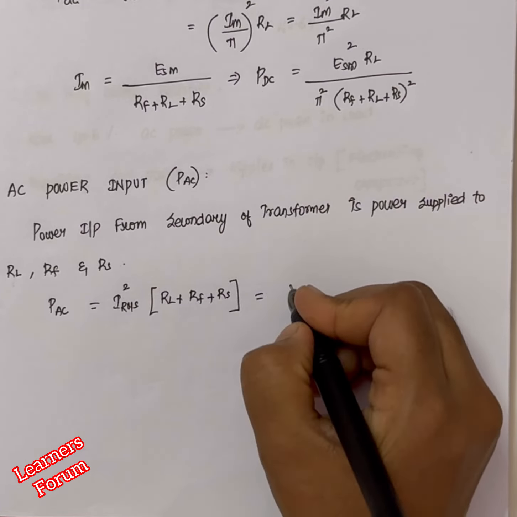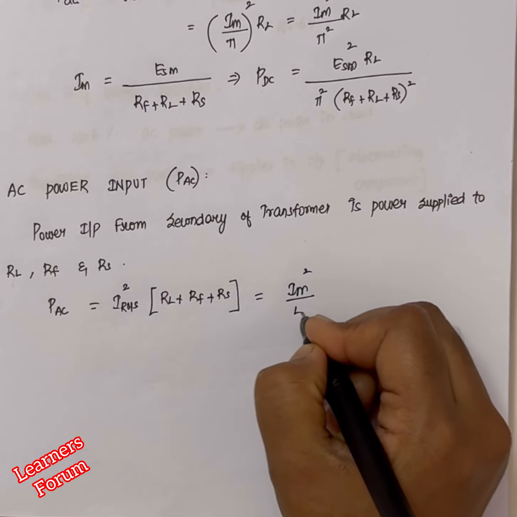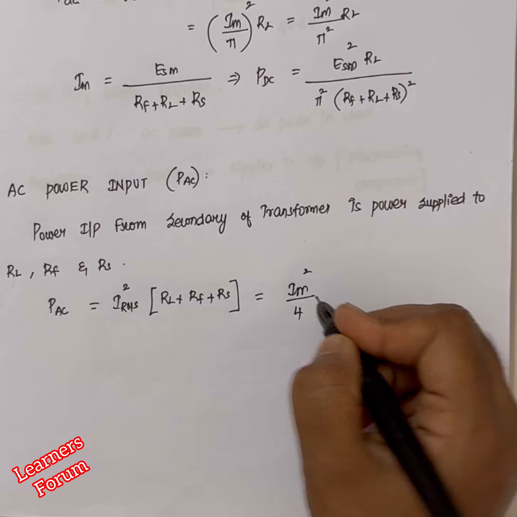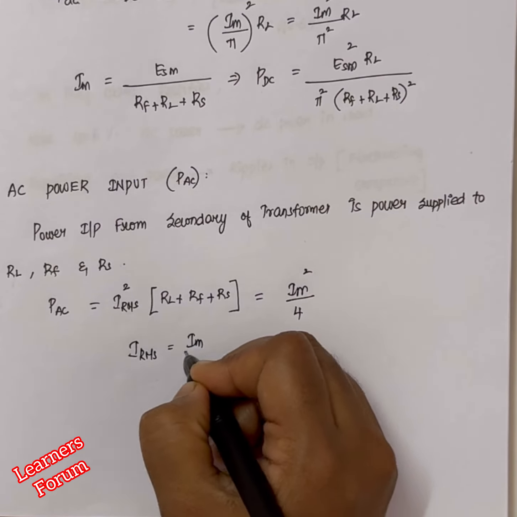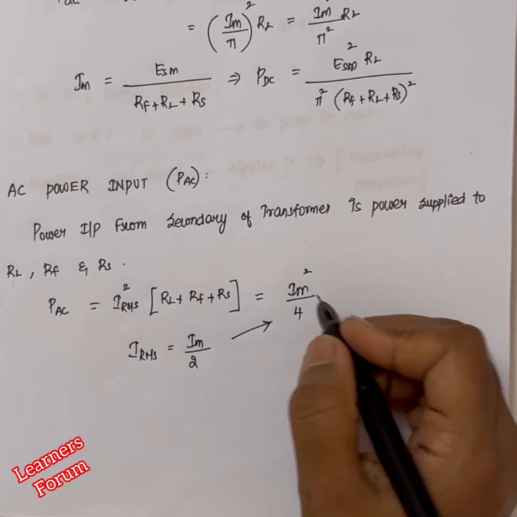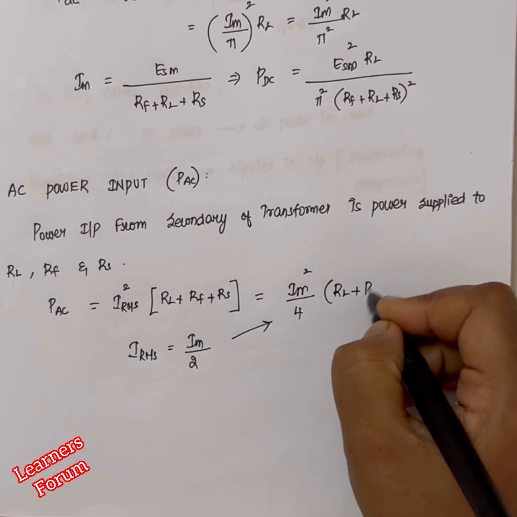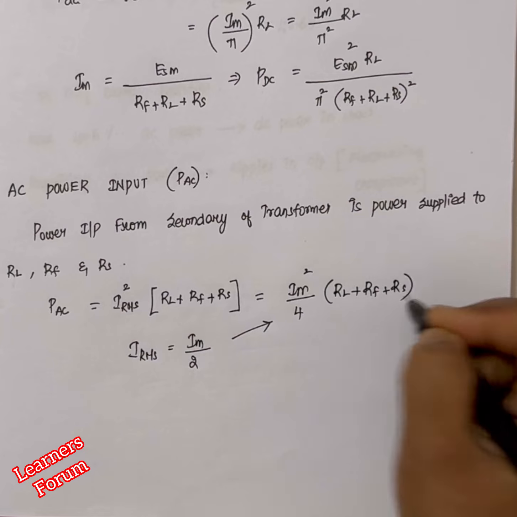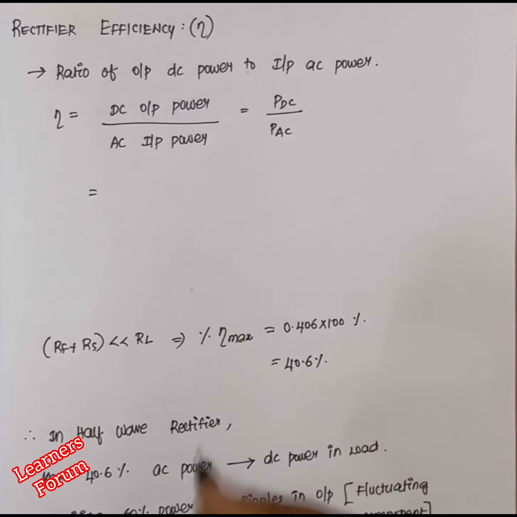Applying that, we get Im square by 4, because the value of IRMS is Im divided by 2, into (RL plus RF plus RS). So this is the value of AC power input PAC.